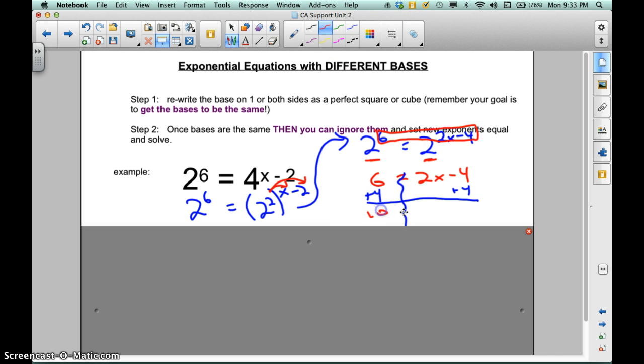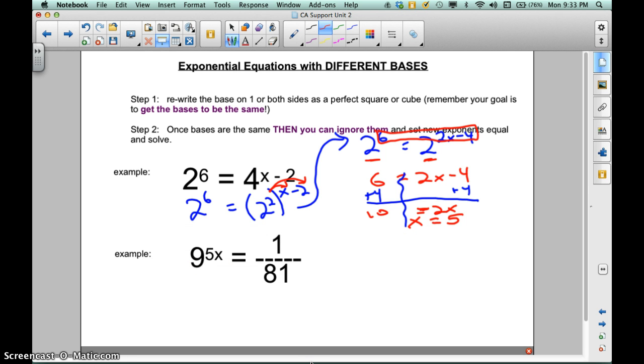And I get 10 is equal to 2x. Sorry, this is hard to read. You want the x by itself. Keep your eye on where you're going. Divide both sides by 2, and I'm a little out of room here, but x is equal to 5. You can check your work by plugging it back in for x, putting it all in your calculator, and make sure that this side on your calculator is equal to this side on your calculator.